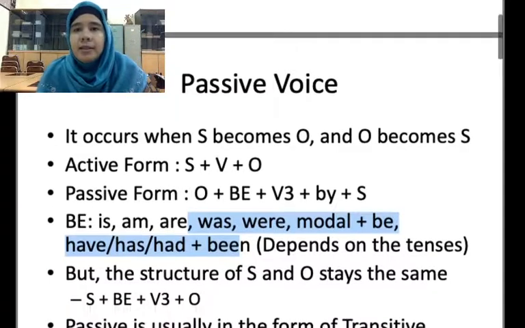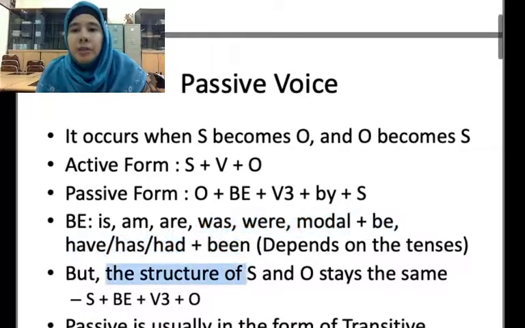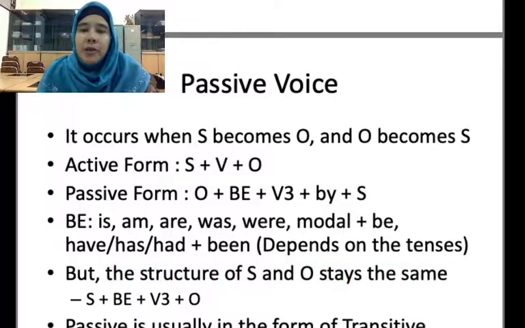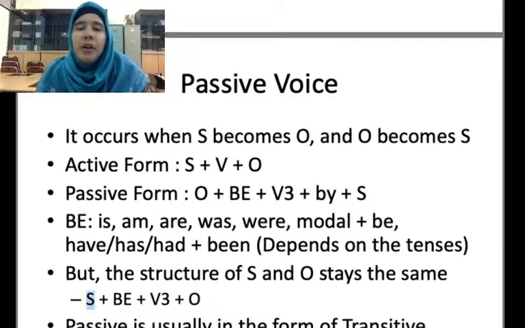Okay, but the structure of subject and object stays the same. Maksudnya seperti ini. Even though I said to you that the subject becomes the object and then the object becomes the subject, the literal position in the formula should be the same. Namanya juga subjek, subjek harus di depan. Walaupun dia adalah objek, tapi rumus literalnya adalah sebuah subjek.